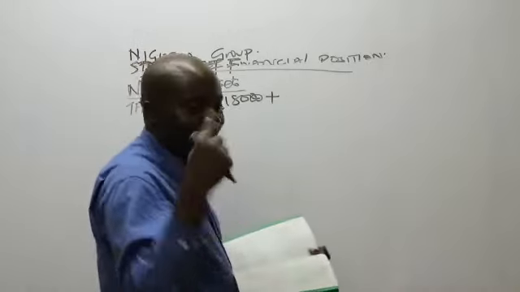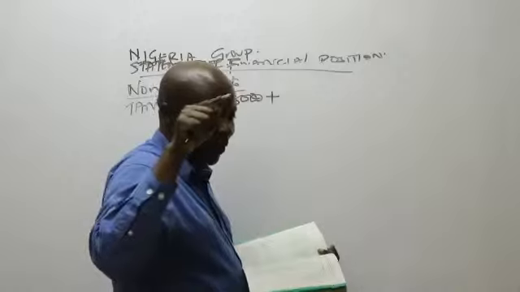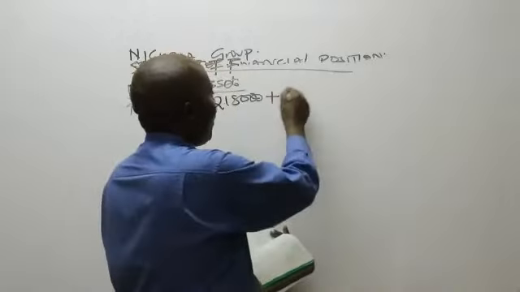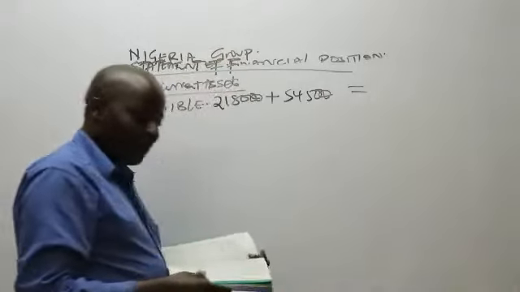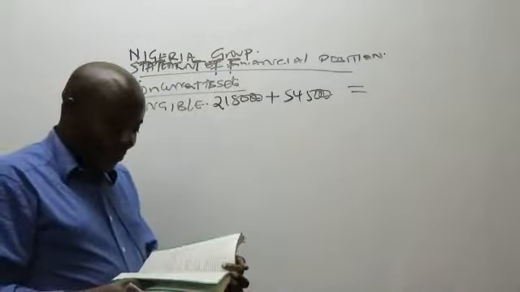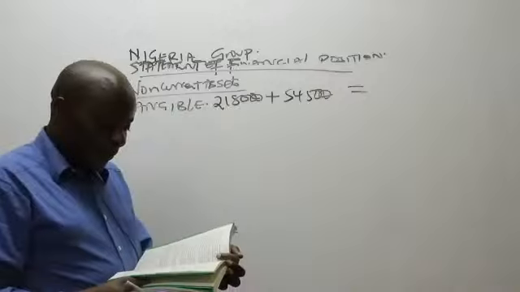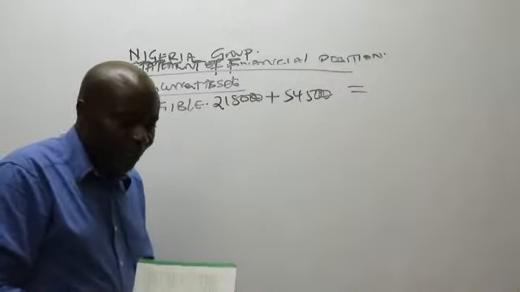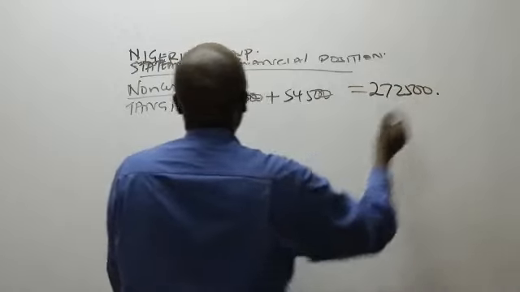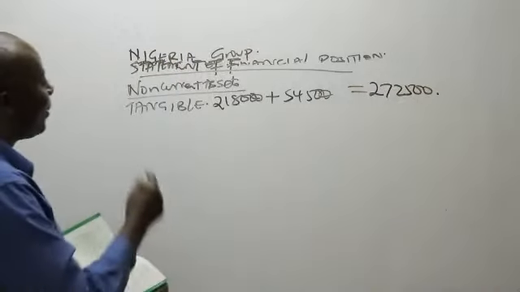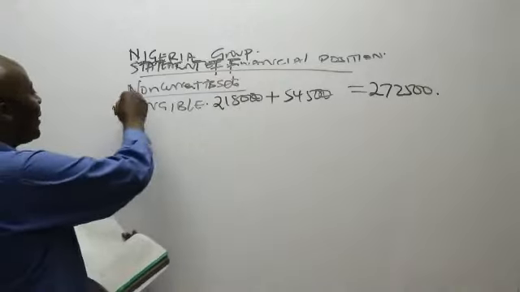And fortunately, we had adjusted the one of the subsidiary for the fair valuation. So plus 54,500. Please give me the figure, how much does it come to? 272,500.